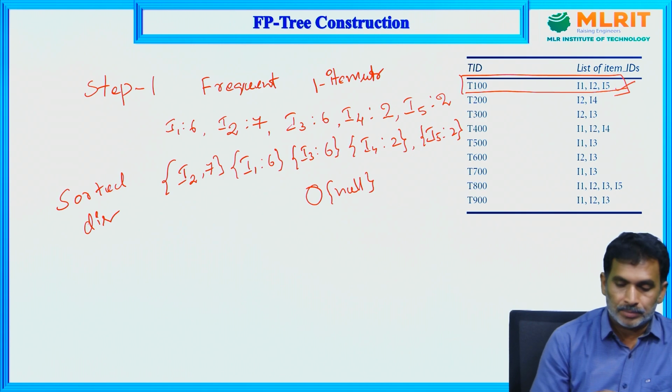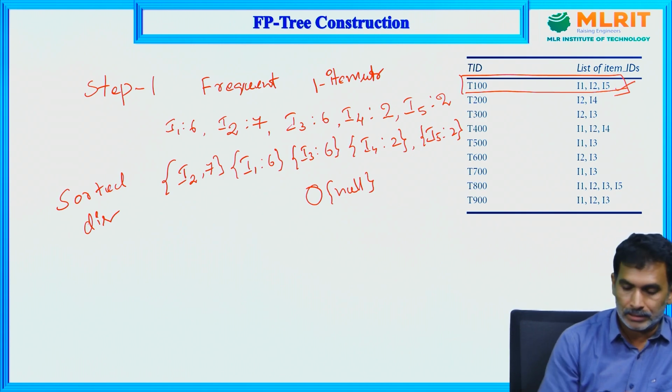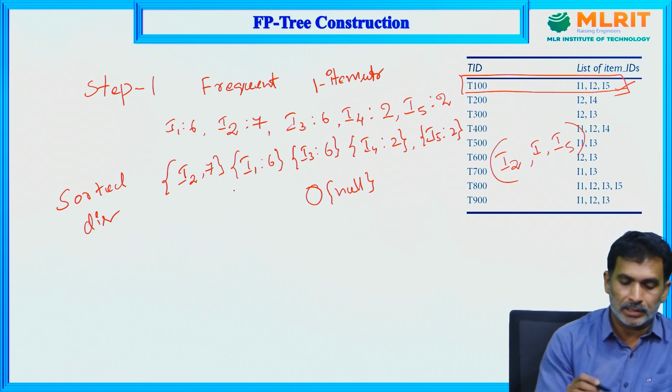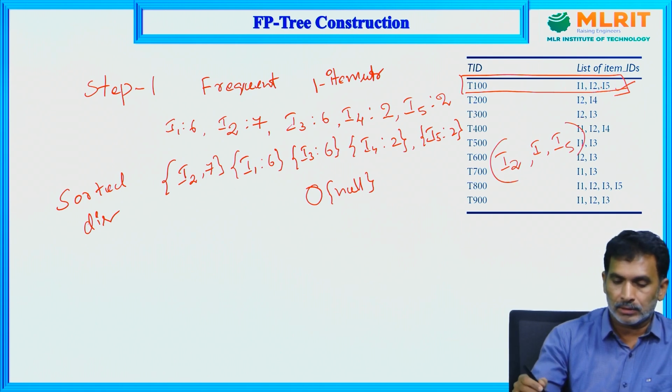So I2 comes first because I2's frequency is 7. Then next I1 comes, then I5. Okay. So this is after sorting.